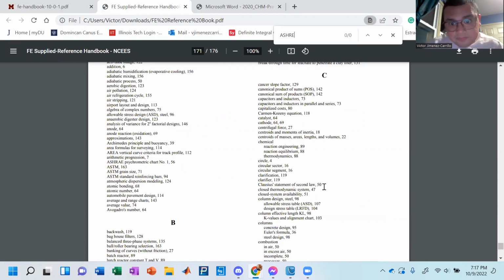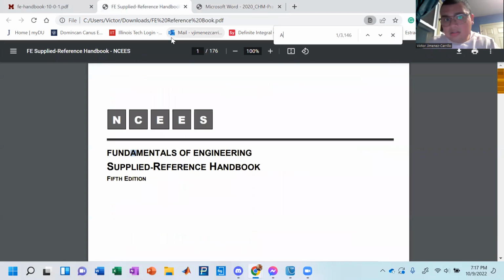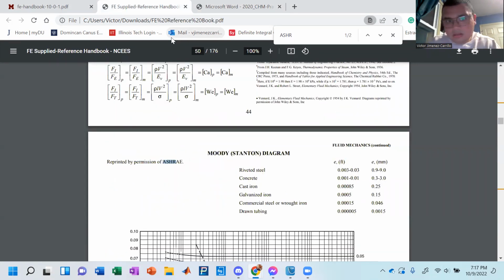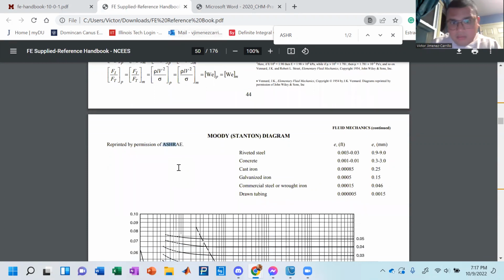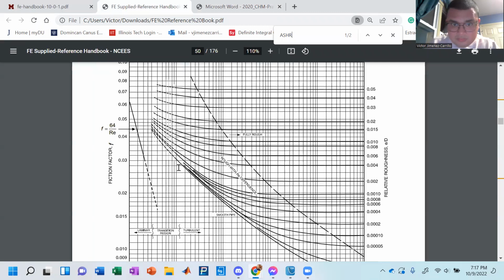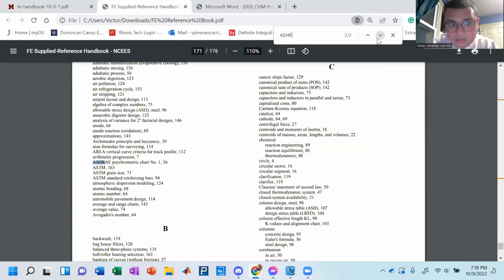ASHRAE chart. Or I thought it was. There you go. That is not it, but it is close. ASHRAE.